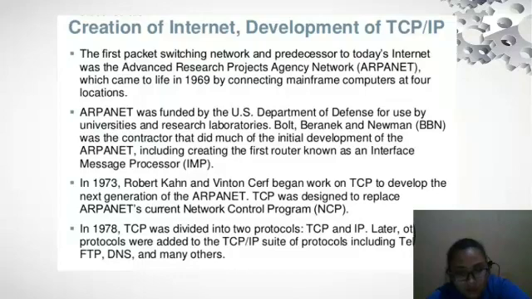TCP was designed to replace ARPANET's current Network Control Program or NCP. In 1978, TCP was divided into 2 protocols, TCP and IP. Later, other protocols were added to the TCP/IP suite of protocols, including Telnet, FTP, DNS, and many others.